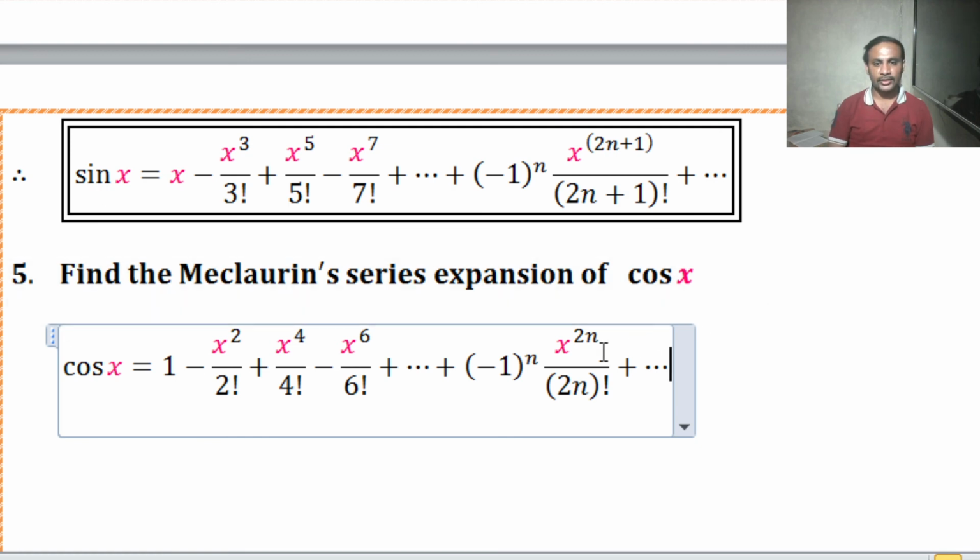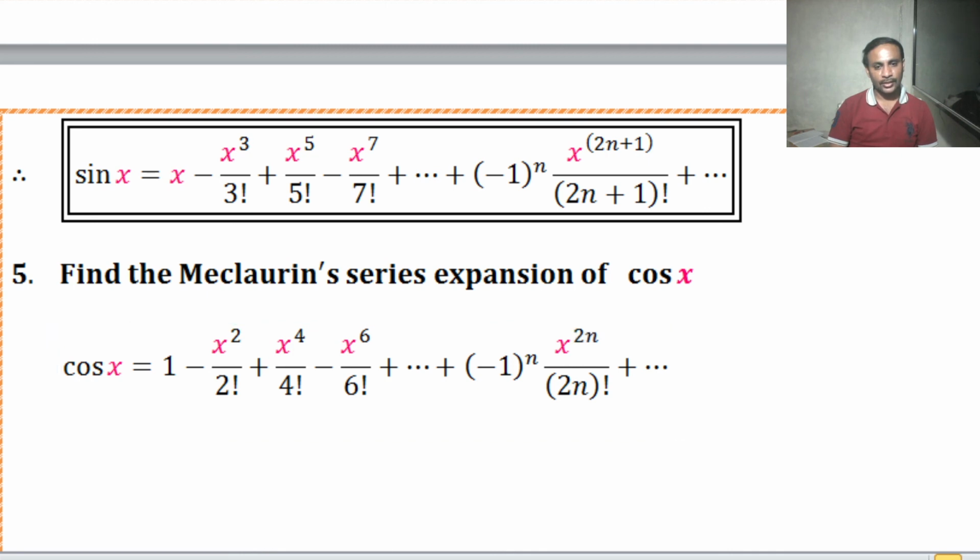The nth term is minus 1 raised to n into, here the degree of x is even, and we can write an even number as 2n, so the nth term is x raised to 2n upon 2n factorial, plus and so on, infinitely many terms.